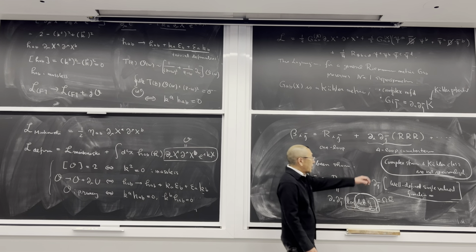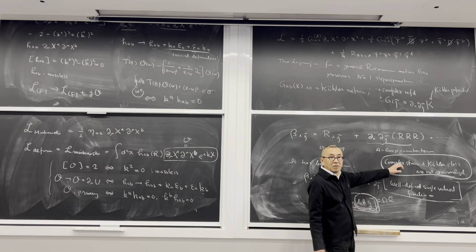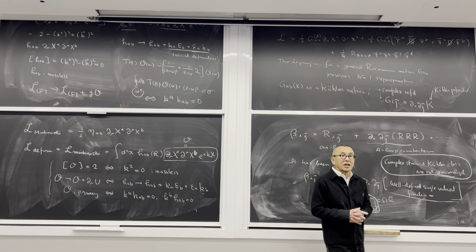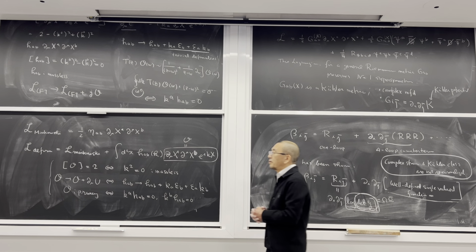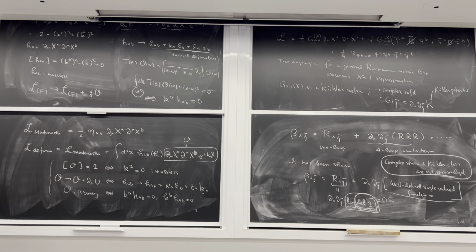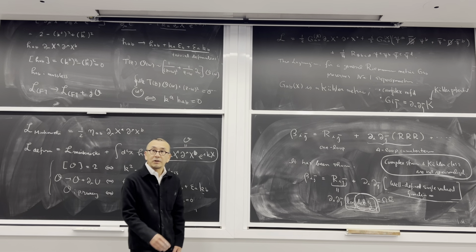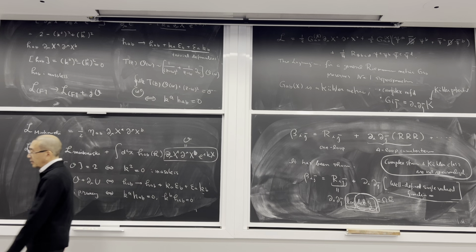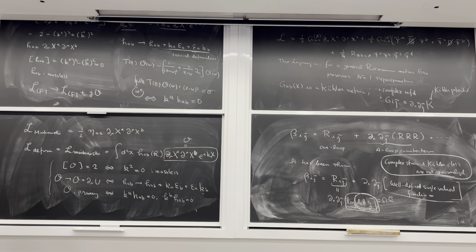And so that data is not renormalized. So that means that there are many calculations you can do for string theory which are not affected by the fact that we have to modify the metric order by order in perturbation theory. Okay, so this is as good as we can do for this kind of thing.